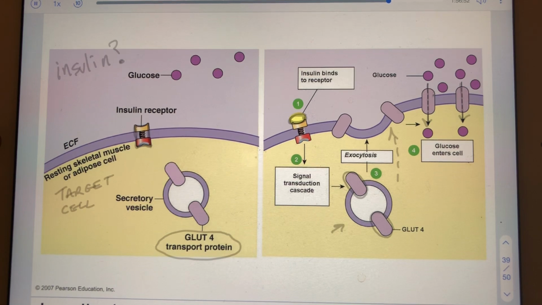Inside our cells, at least the bulk of our cells, we have a vesicle, among other vesicles, that has embedded in it some proteins that are called GLUT4 transport proteins. GLUT4 transport proteins, okay? So here's our target cell for insulin.